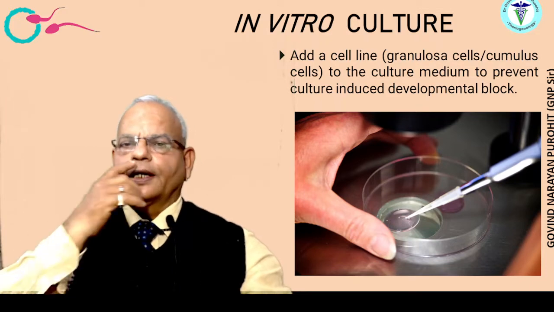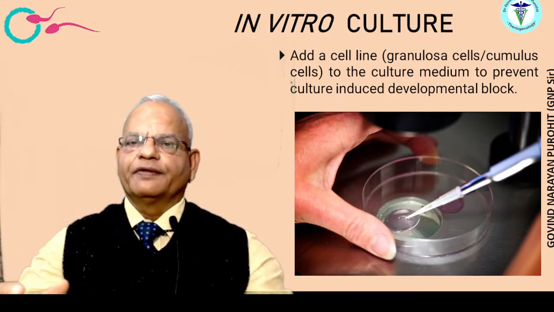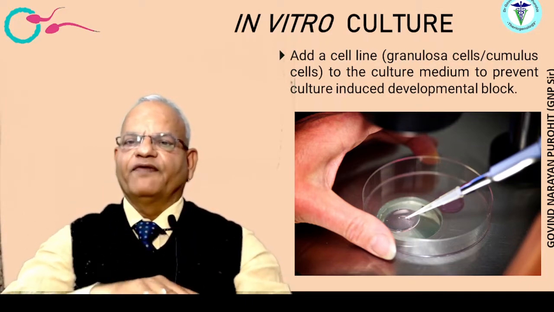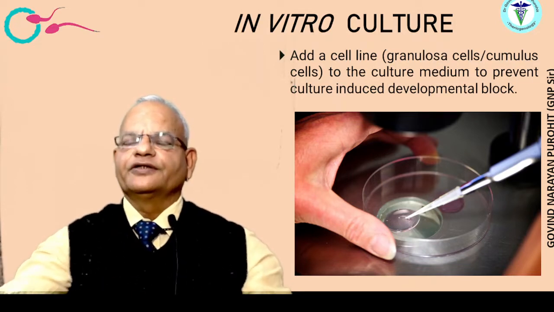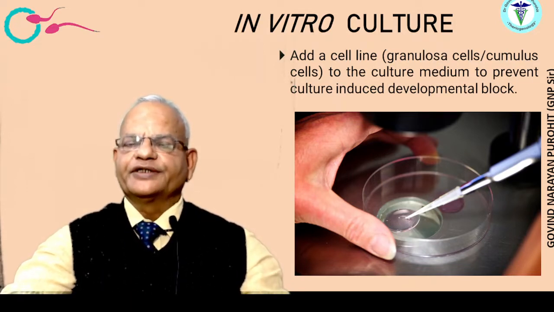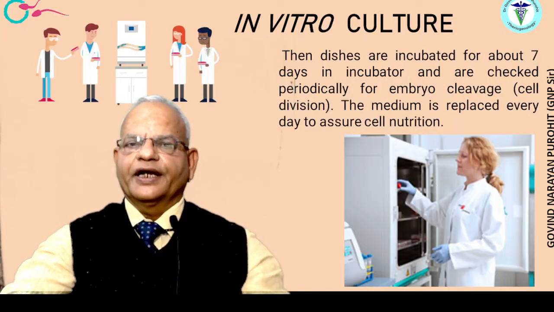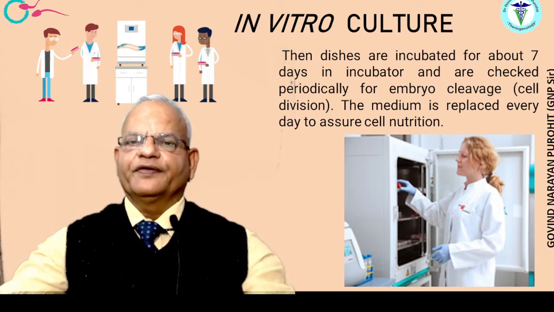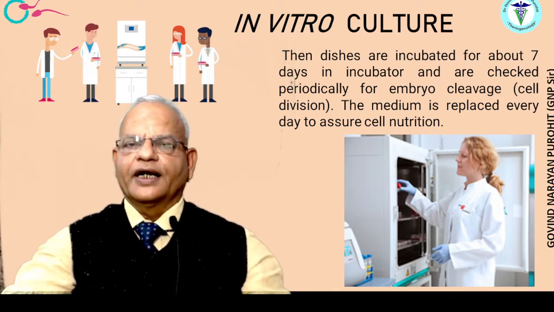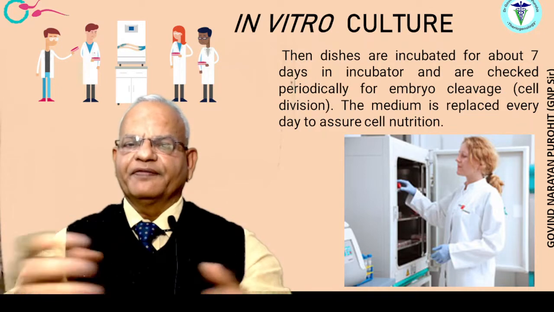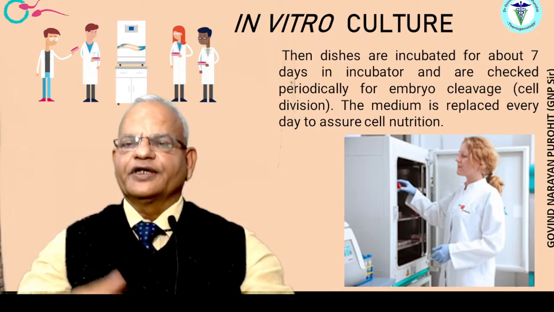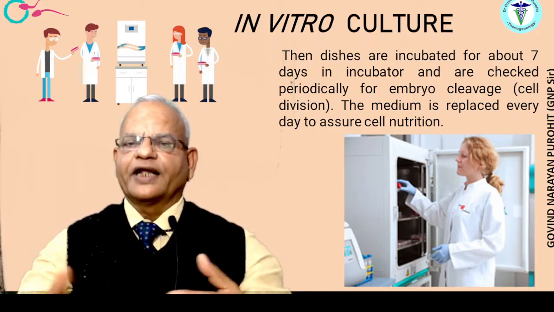And after 24 to 48 hours or maybe later, it will form a monolayer, and this will help the presumptive zygotes to reach the blastocyst stage, right? Then the dishes are again incubated for 7 days in an incubator and are checked periodically for embryo cleavage, the cell division, and you must replace the medium every day, because cells in culture will consume whatever is available in that medium.